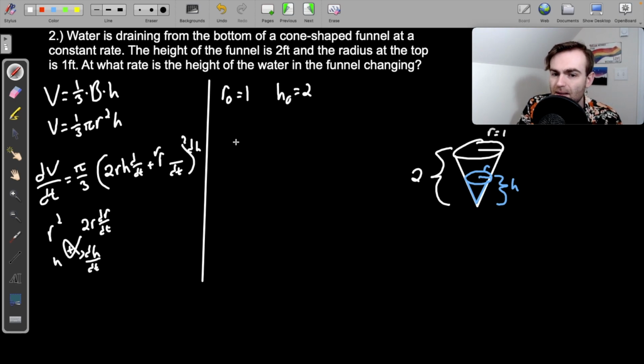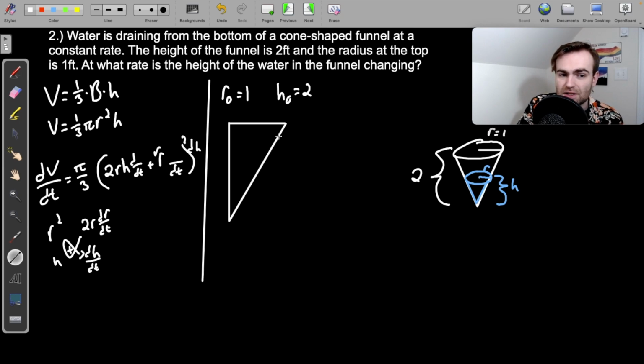So we can actually set up some similar triangles here. We're really going back to geometry. So I'm going to take a cross-section, or half of a cross-section, if you will, of this cone. And this is essentially what's going on in that half cross-section.